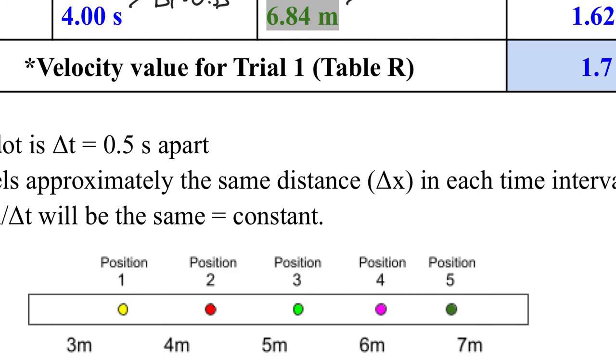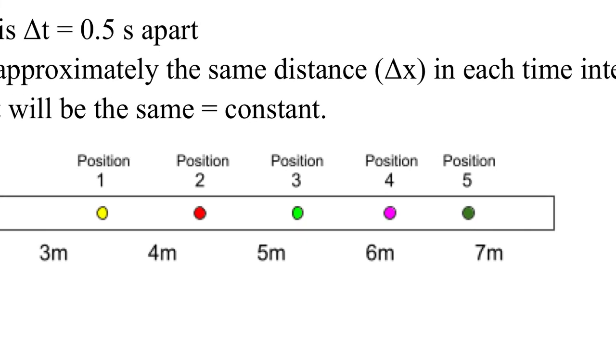So you can see how it looks over time with equal time intervals. Does that picture make sense? Tell me what you see in that picture. Maya? The dots get closer together.